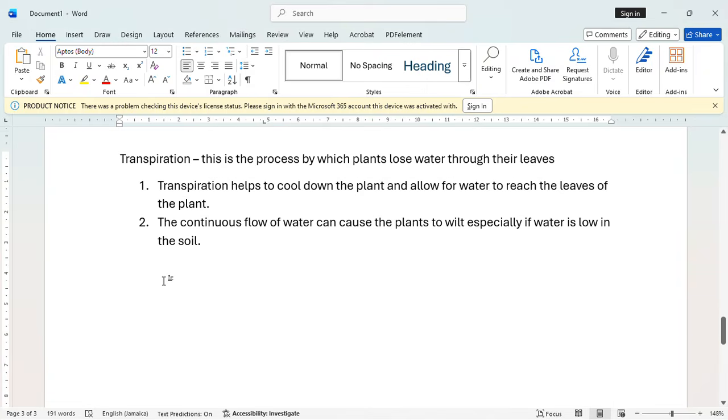What does the phloem transport? What does the phloem transport? I didn't hear it.